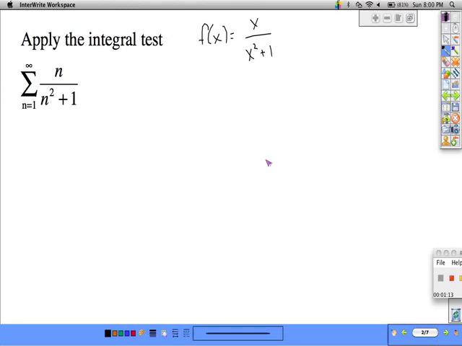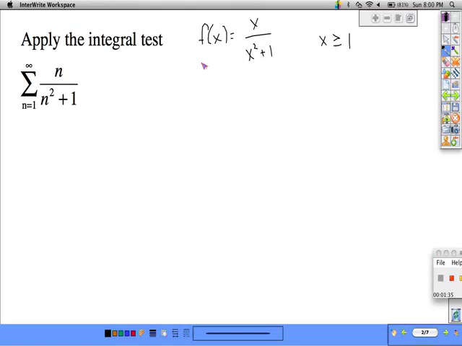If you look at this, it is continuous. There are no breaks in this graph. It's positive because we're looking at x values greater than 1. So this f of x is positive for all x.